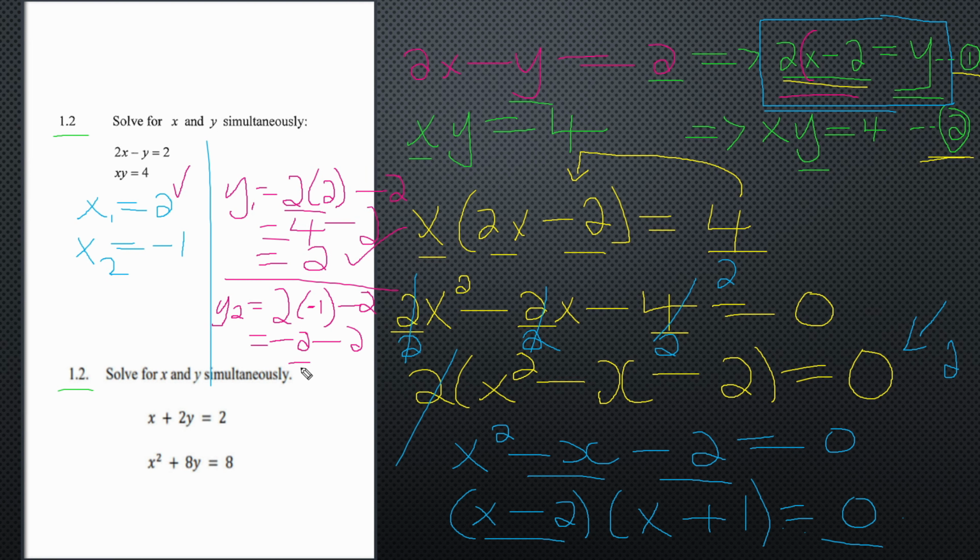Negative 2, it means that we are going to get a negative 4. So now we know that our y2 is negative 4, y1 is 2, x1 is 2, and then x2 is negative 1. So we are done with the first equation. As you can see that we got the values.